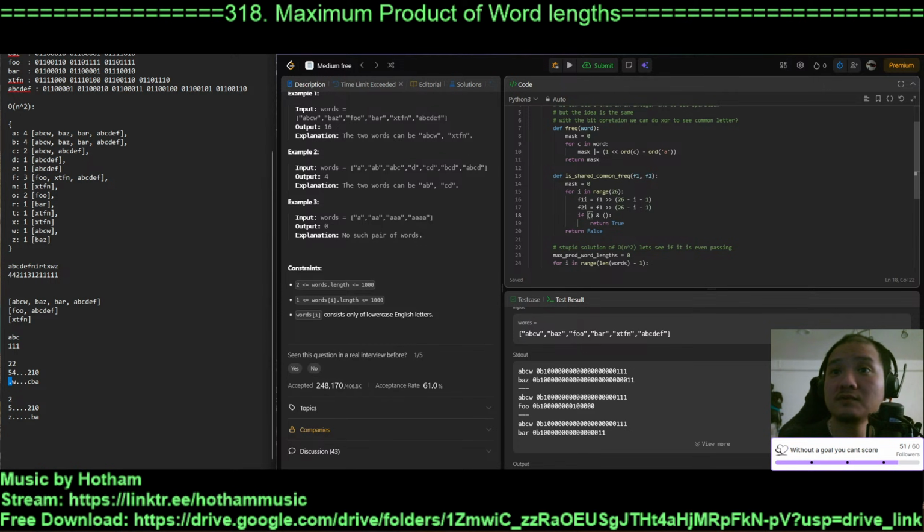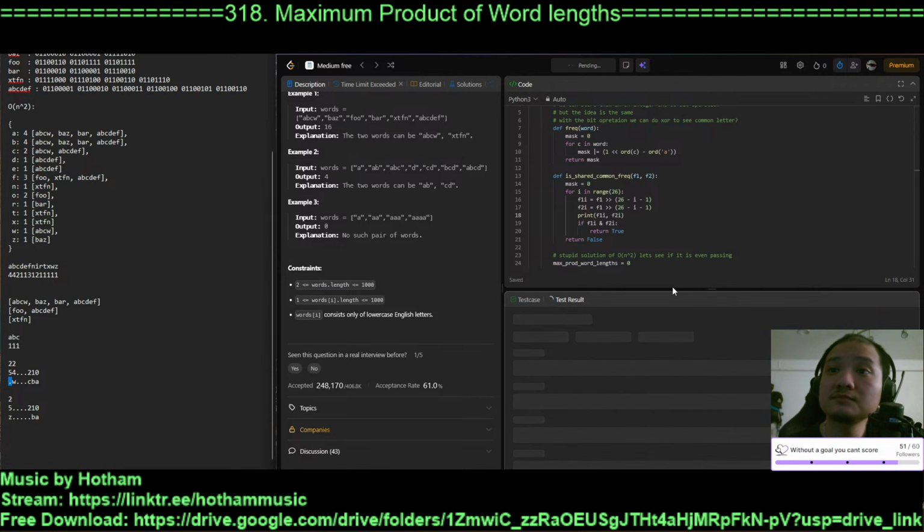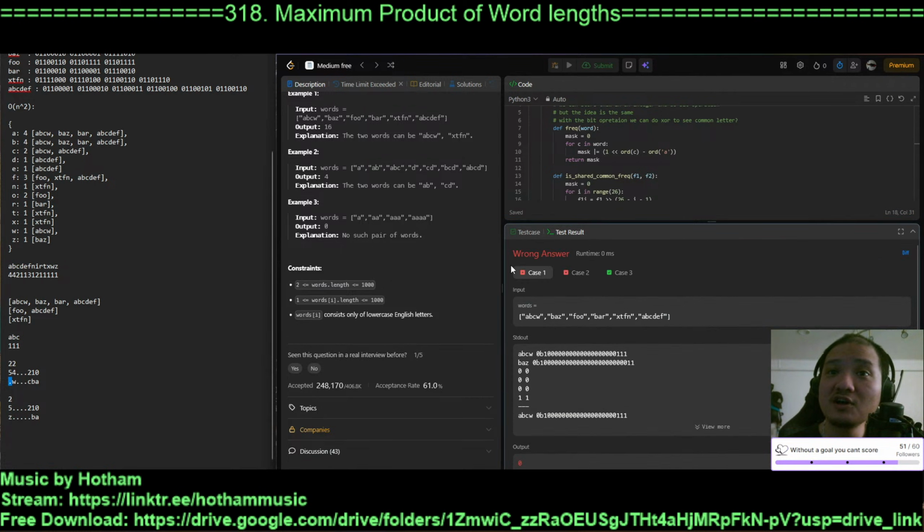So if F1 I and F2 I is basically 1, then return true. Let's print out this, F1 I, F2 I. It'll be a lot of print.